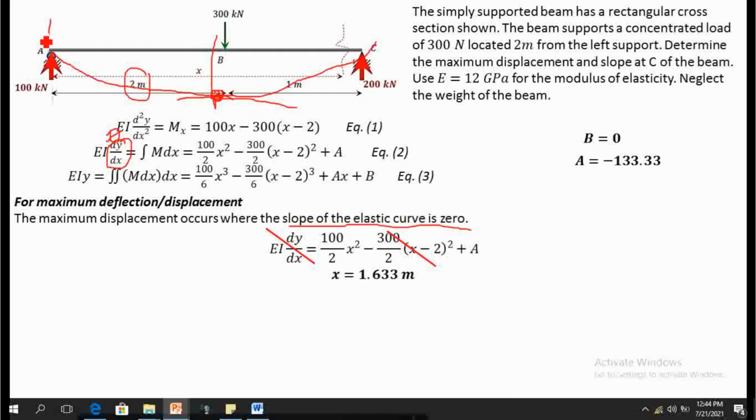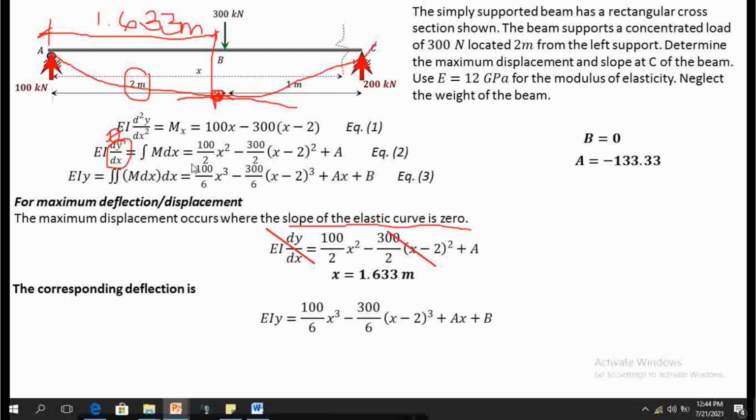So, from point A hanggang dito, that is 1.633 meters. See, that is lower than 2 meters. Okay? So, after na nakuha ko na si x, makukuha ko na yung maximum displacement ko. Again, using EIY.